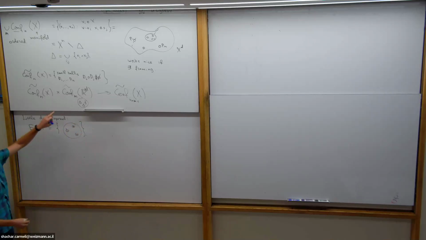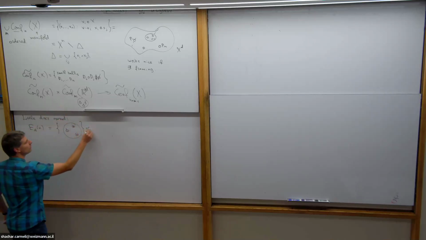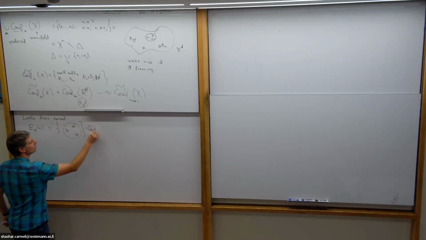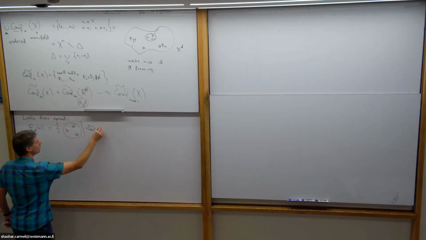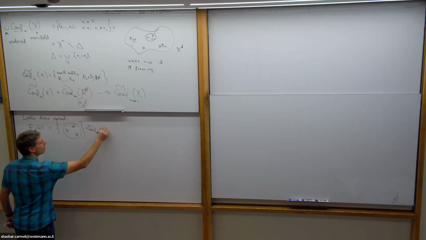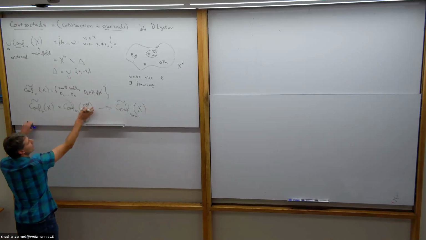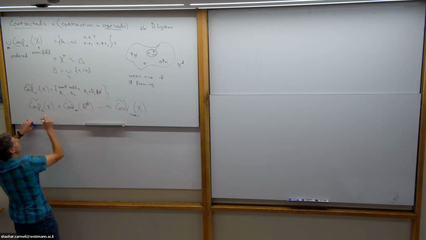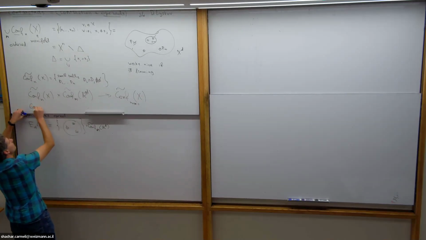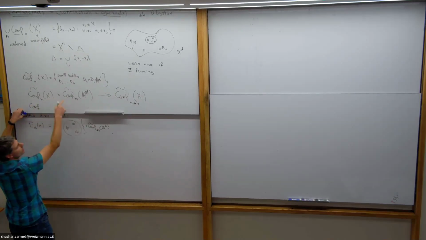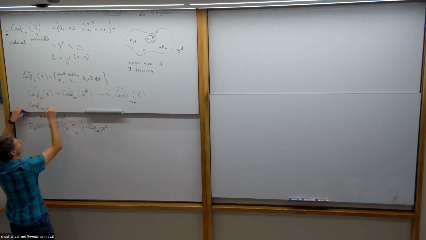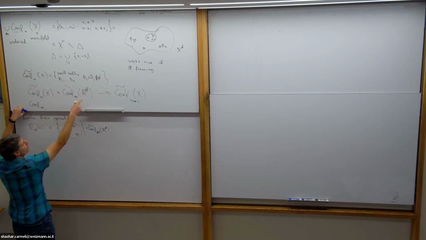So this is my space, Conf tilde n of R^d, and then you have the map here, and if you substitute instead of x, you see that you have the same map for one R^d.